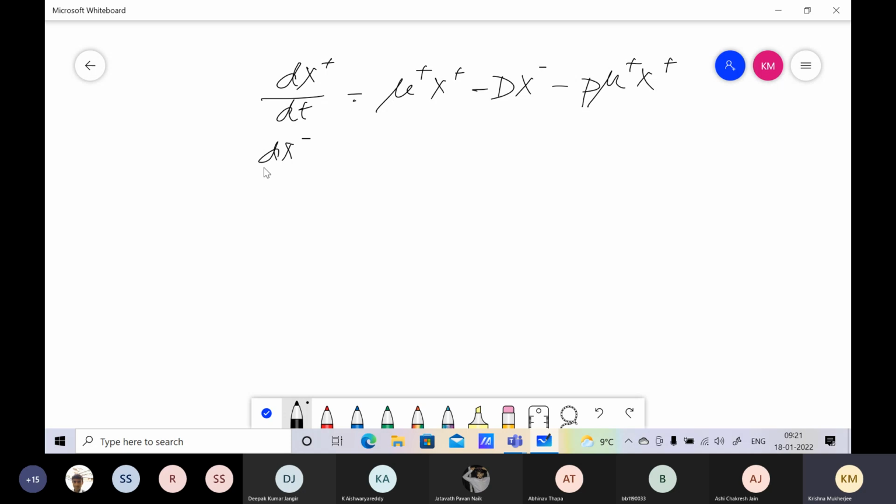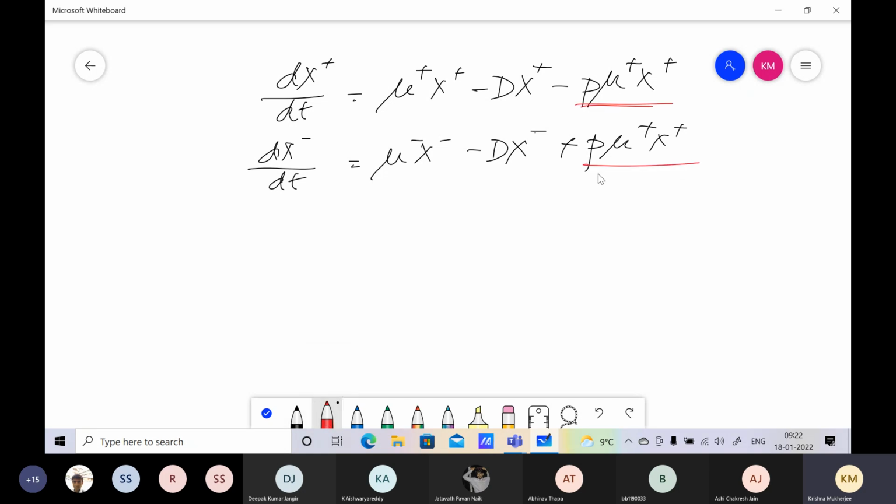And dX-/dt is equal to mu- X- minus D X- plus p mu+ X+, because this term here is being converted to this much. This is the rate of conversion of plasmid containing cells into plasmid free cells.